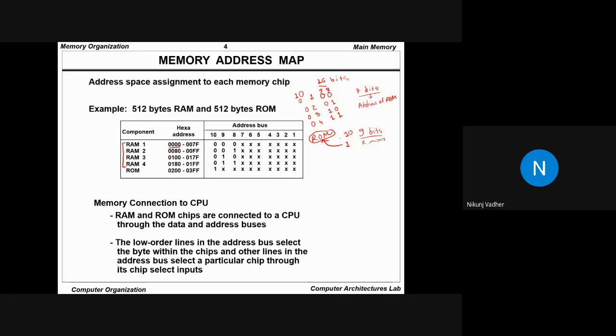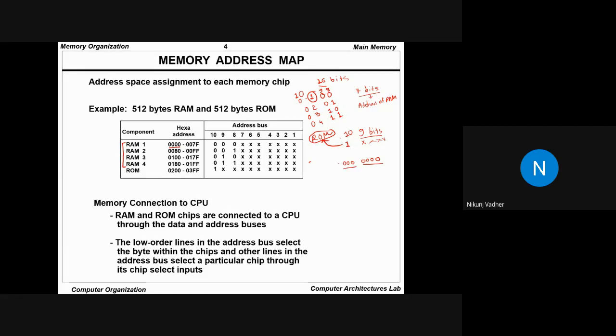What will be the address range of the first RAM chip? If we write down the 10 bits: 4 bits, 3 bits, 4 plus 3, 7.